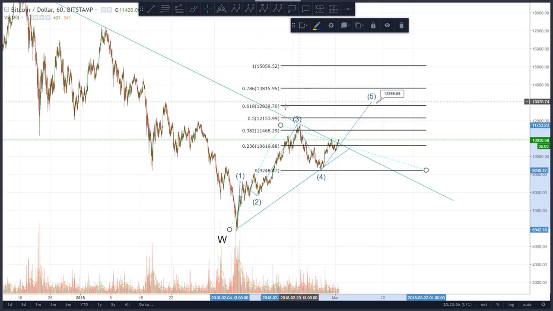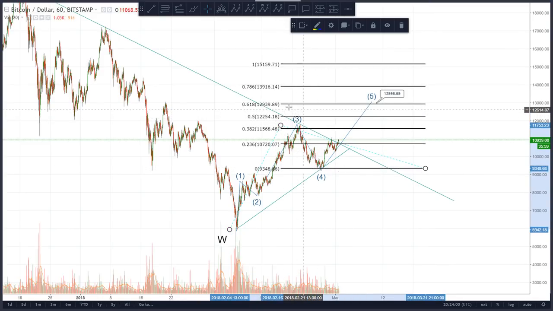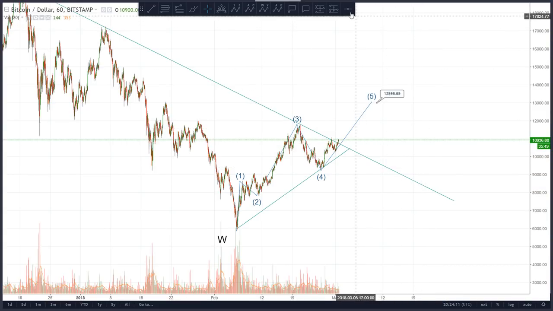You can see if we move the prices a little bit, it's around that 13,000 mark, close enough. So that's one reason why I believe we're going there. Let's just remove that one, tidy it up a bit. I'm going to stick a horizontal line at that 13,000 mark.